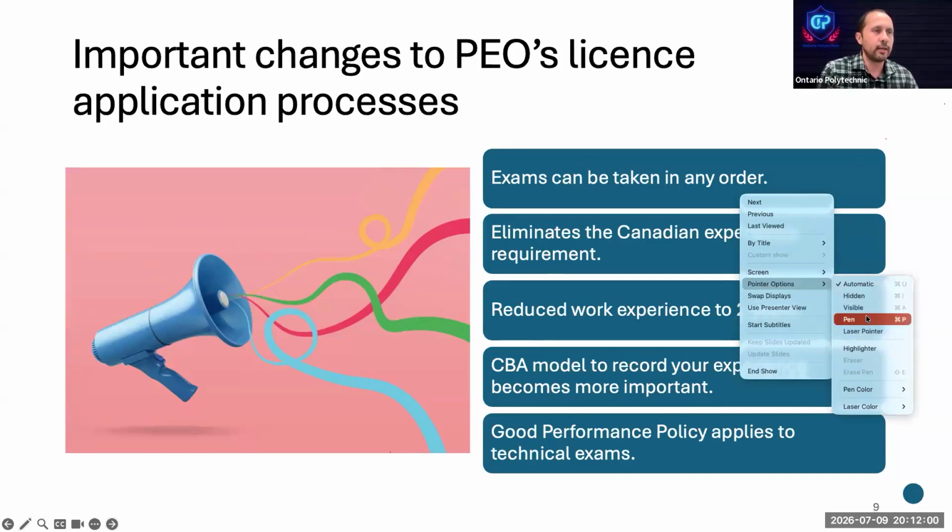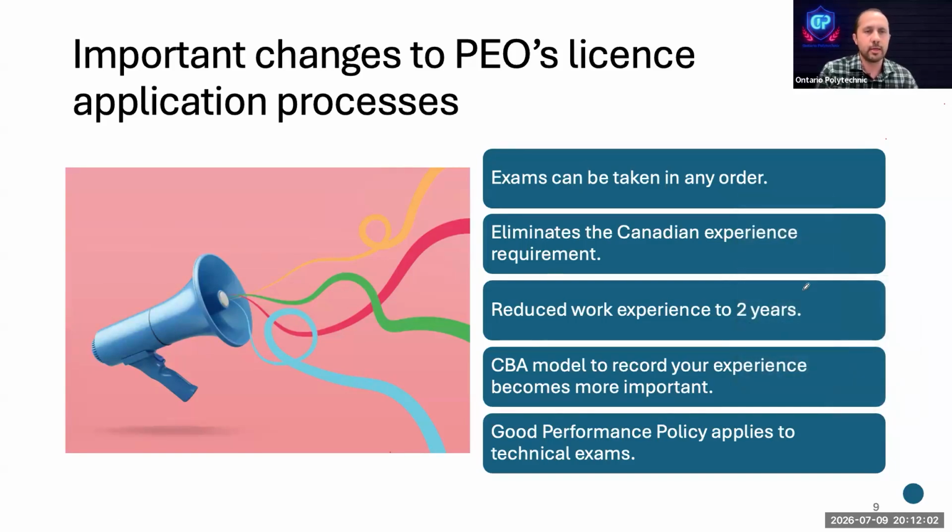So you can, at any time of the year, based on the availability and exam dates, start with those exams, which is very good. It helps the whole process happen faster than other provinces. Since 3 years ago, they also eliminated the Canadian work experience requirement, which other provinces still have.